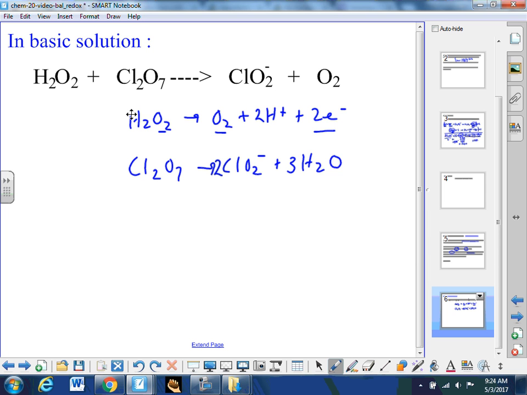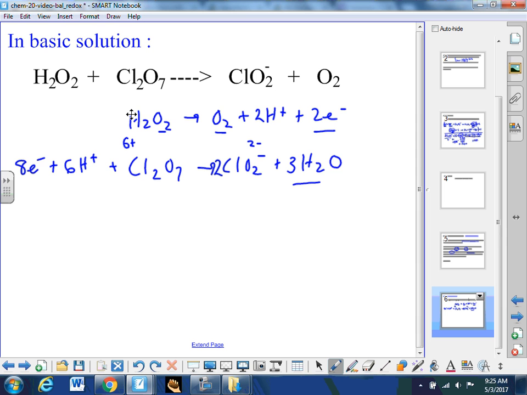To balance the hydrogens, I've got 6 hydrogens on this side, so I have to add 6 hydrogens on this side. And to balance charges, this side has a net charge of 2 minus with the 2 chlorite ions, and that side is 6 positive, and so the difference is 8 positives, so I have to add 8 electrons to the reactant side.